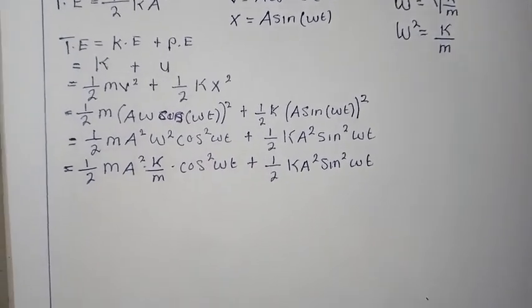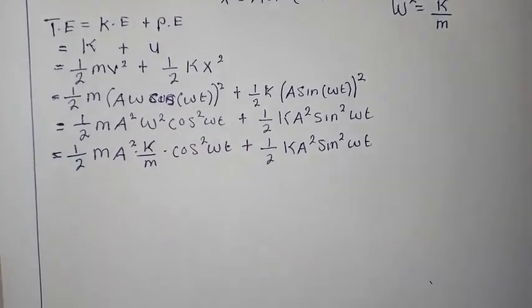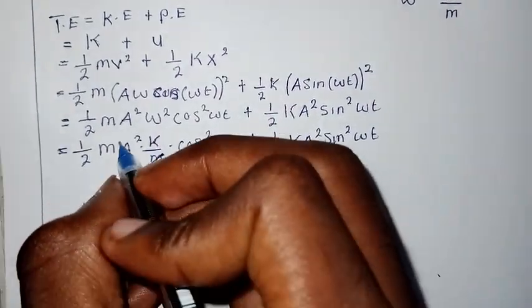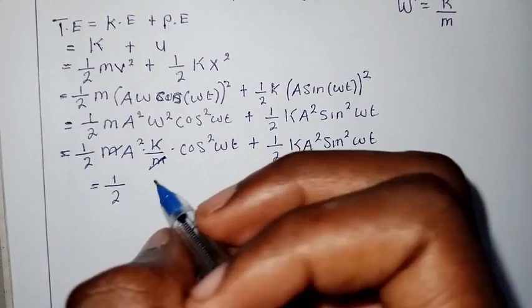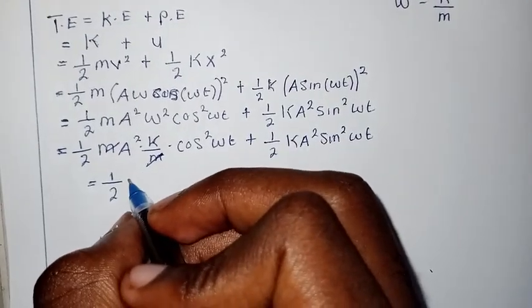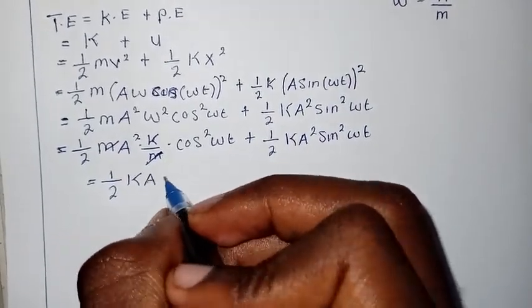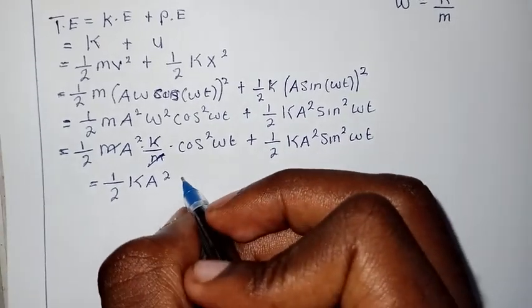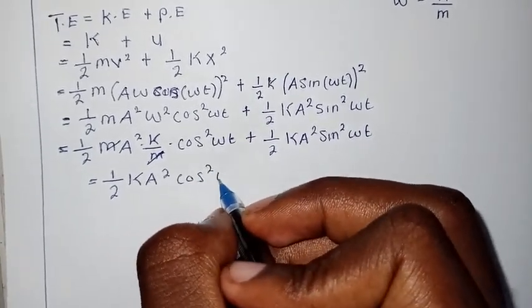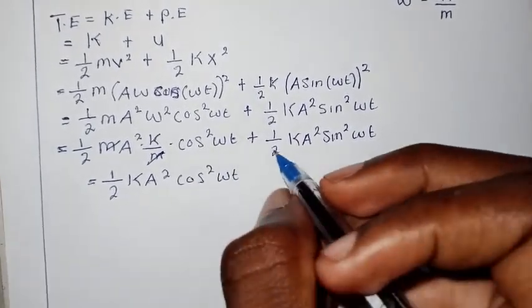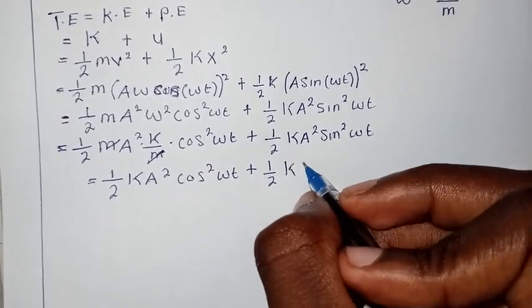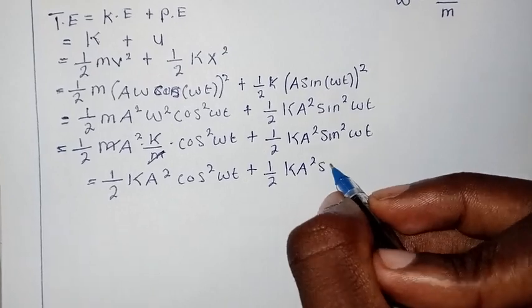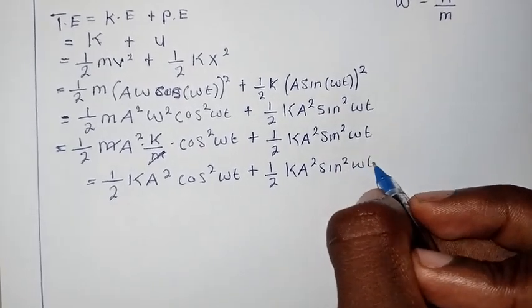So, this and this will go. We are going to have 1 over 2 Ka squared cosine squared Wt plus 1 over 2 Ka squared sine squared Wt.